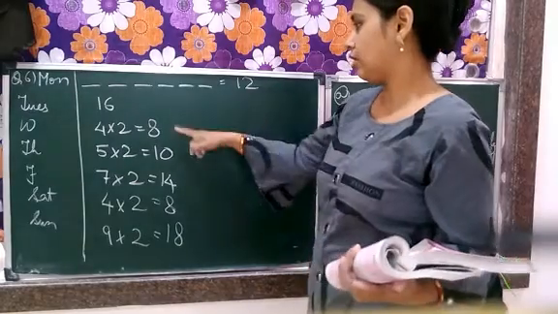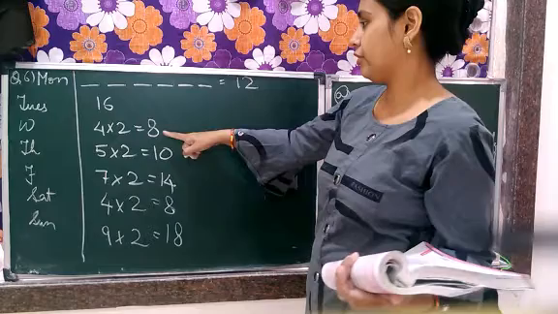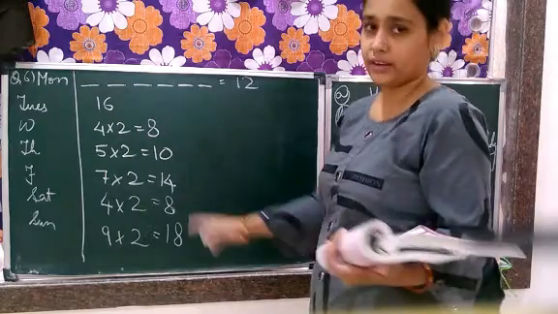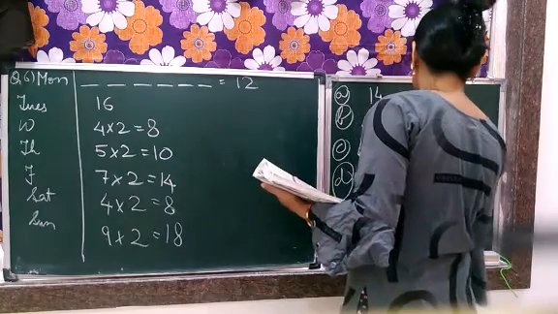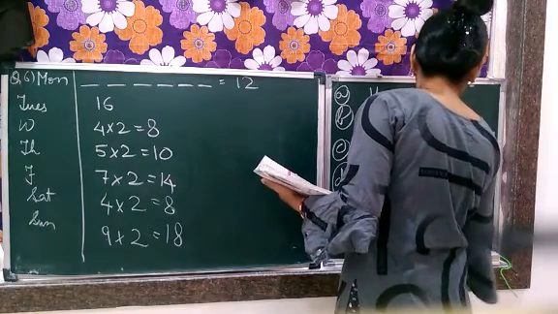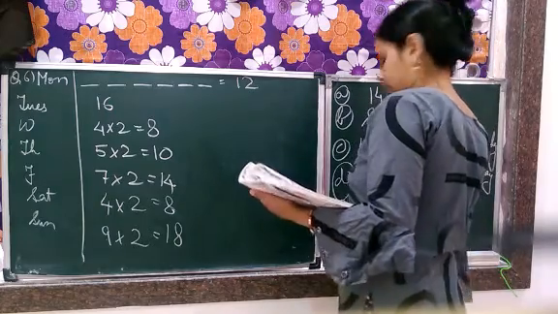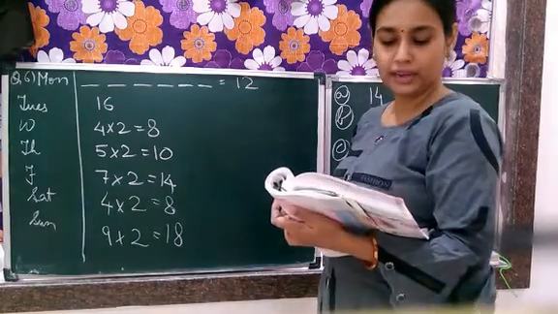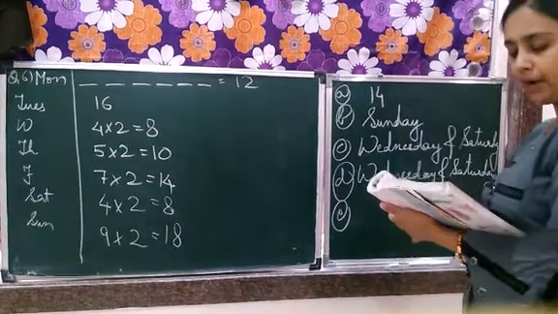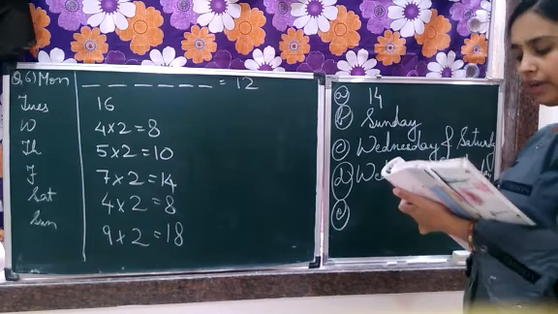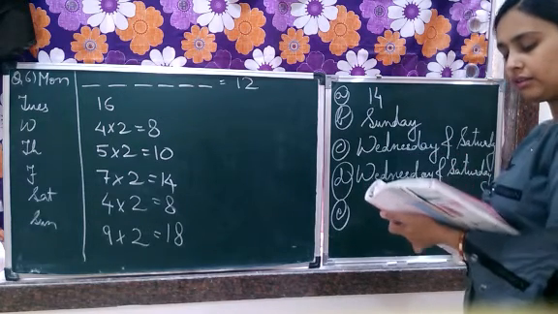Minimum means smallest. The same number of bulbs, Wednesday and Saturday, again the same answer. It is the same number and it is the minimum number also. So Wednesday and Saturday.